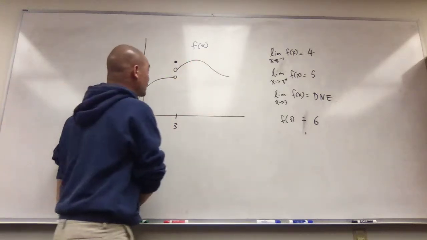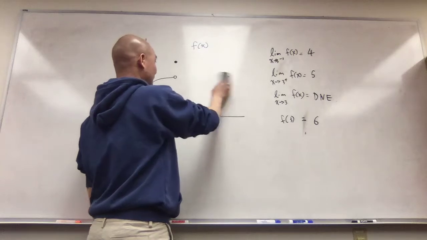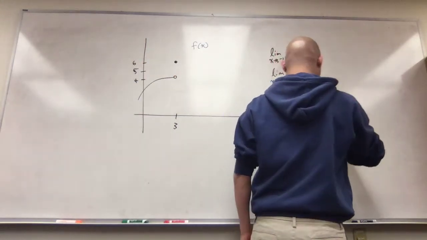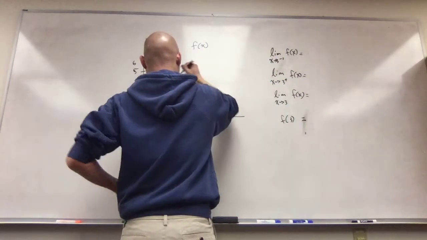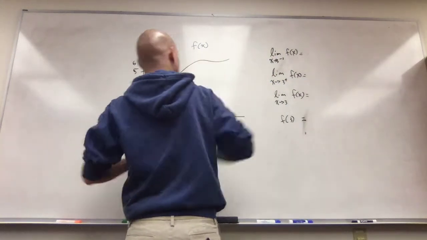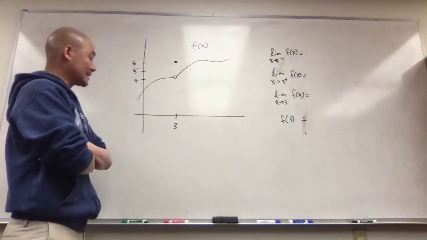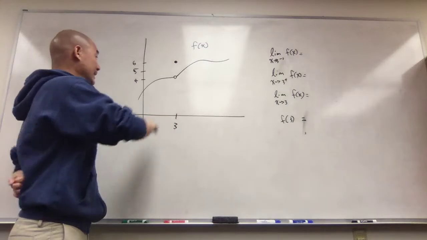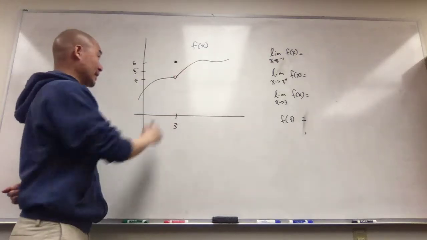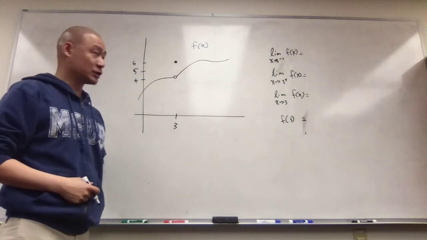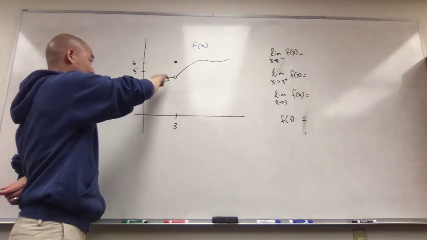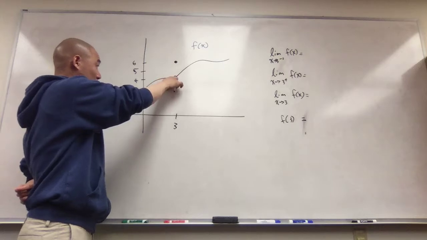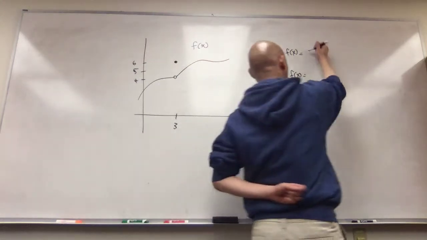So let's change this around a little bit. Let's say that instead my function looks like that, which means that everywhere but at 3, it follows this curve here, and at 3, it jumps up to 6. So, as I come in from the left, these values seem like they're getting closer and closer to the value 4.